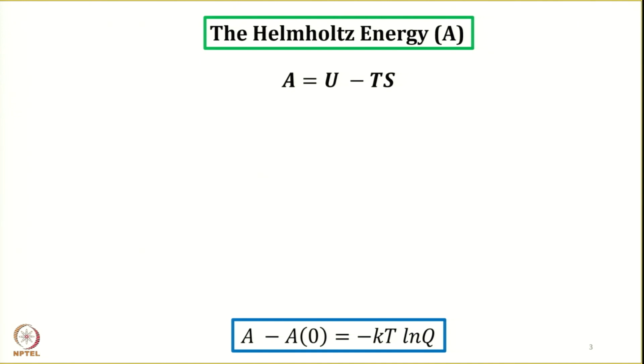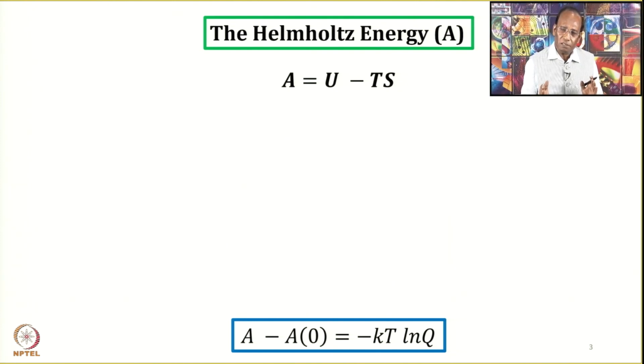In the beginning we have discussed that we cannot ignore the zero point energies. Therefore, all the thermodynamic quantities that I will describe over here will be with reference to their zero point values. Zero point values means when temperature is absolute zero.